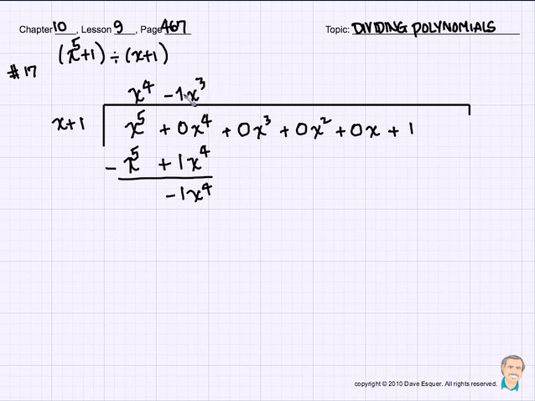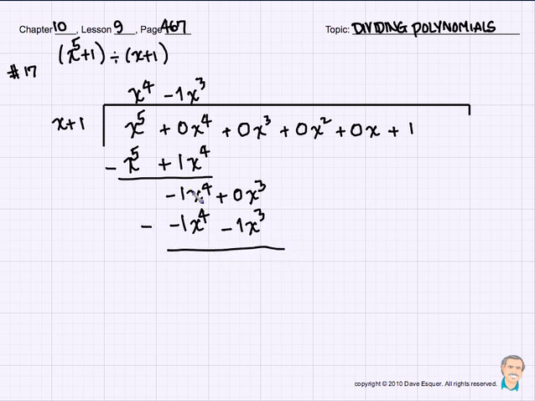So we end up with negative 1, and we should bring down our 0x cubed. So we end up with negative 1x cubed times x is negative 1x to the fourth, and negative 1x cubed times 1 is negative 1x cubed, and hopefully you're starting to see the pattern.